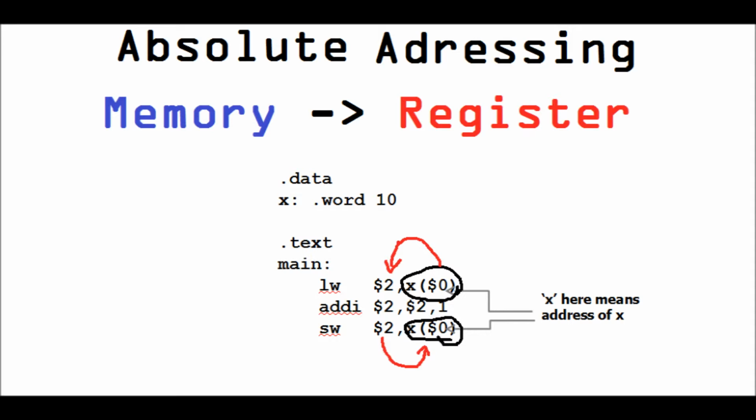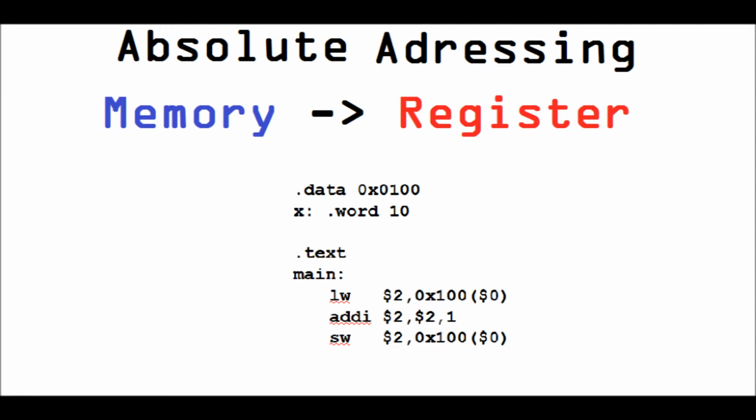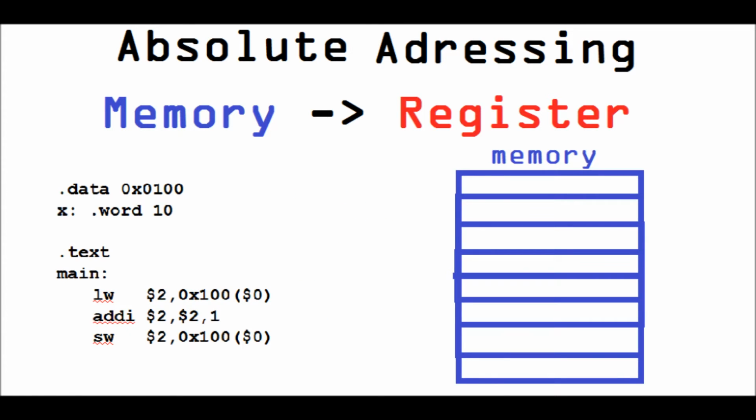Now, what may not be apparent is that X is actually a stand-in for a number. The address is actually a number. So here we'll use the example of the hex number 0x0100. And so the way this kind of addressing works is we start off with the value in parentheses. For absolute addressing, the value will always be 0.